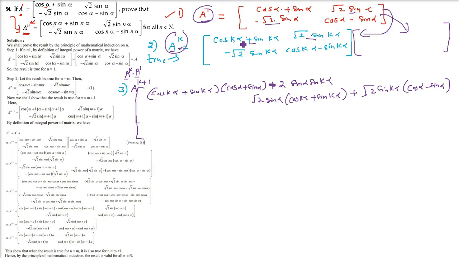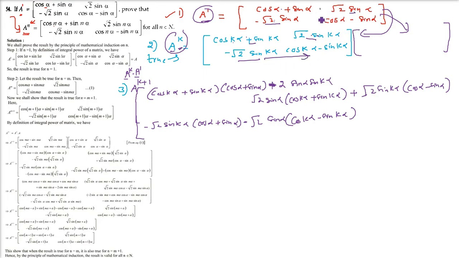Now we are taking the second row of A raised k and the first column of A raised 1. So minus 2 sin k alpha multiplied by cos alpha plus sin alpha. Plus, now cos k alpha minus sin k alpha needs to be multiplied with minus root 2 sin alpha. So I am purposefully placing a negative sign here, root 2 here, and sin alpha will be multiplied by cos k alpha minus sin k alpha. Now this row is already done.